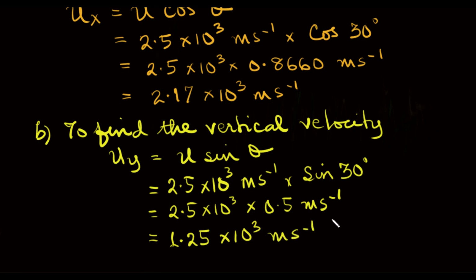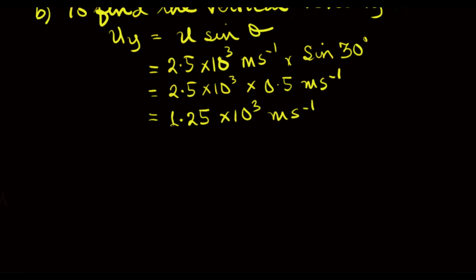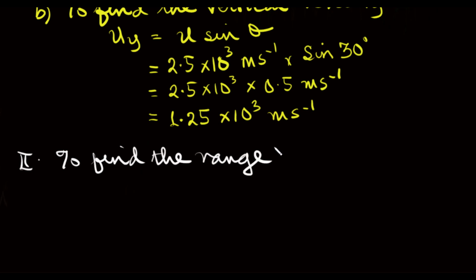meters per second. So next question, we have to find the range of the shell. To find the range of the shell, we make use of the formula for range, that R is equal to u squared sine 2 theta all over g.